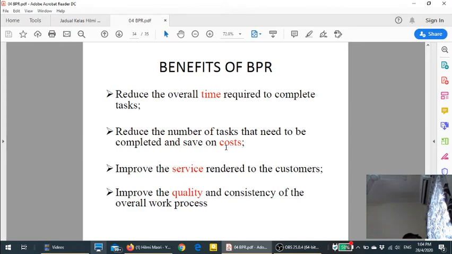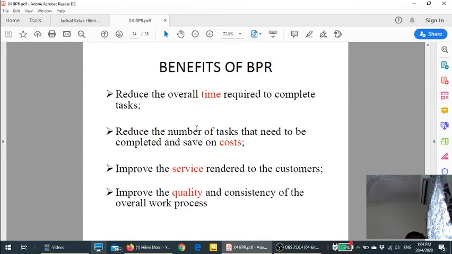In any organization or any services, we try to reduce cost because financial or even monetary conditions is a very sensitive issue. People need to reduce cost.